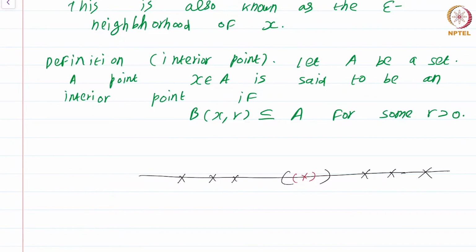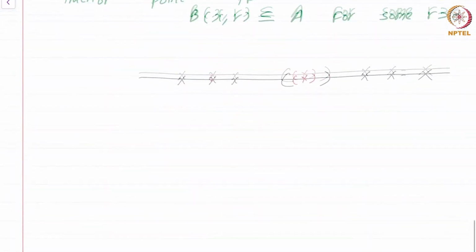Whereas if I am here, I cannot do the same. So it is sort of capturing the fact that a point is fully inside the set. Not only is the point there in the set, but some neighborhood of the point is also there in the set. Then we say that it's an interior point. So the definition captures our intuition of what it means for a point to be fully inside a set quite nicely. Okay.